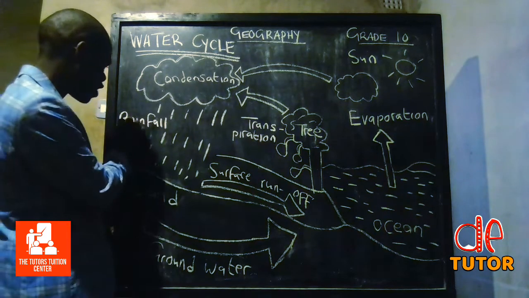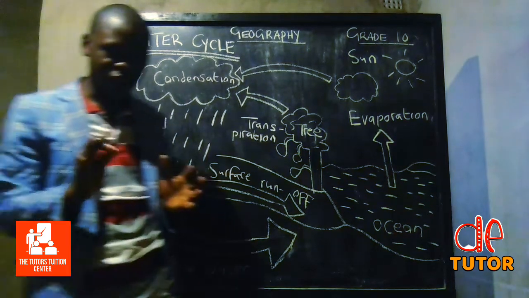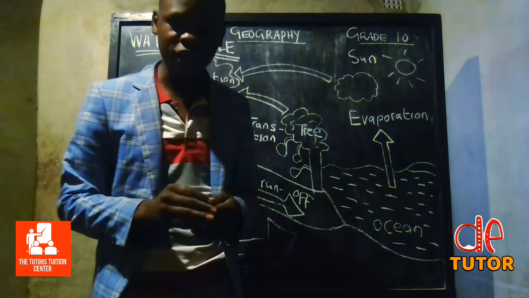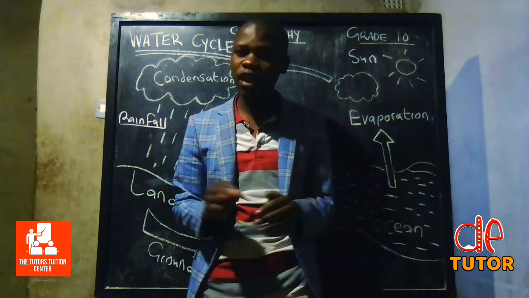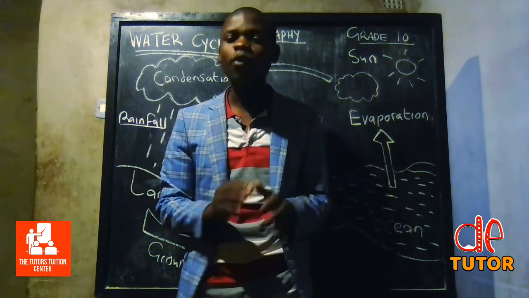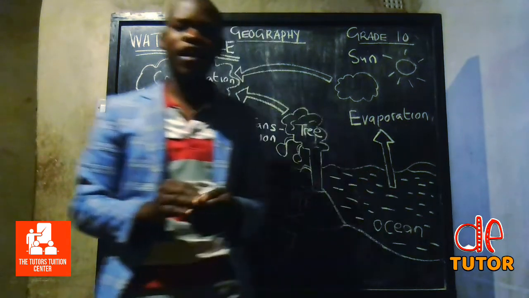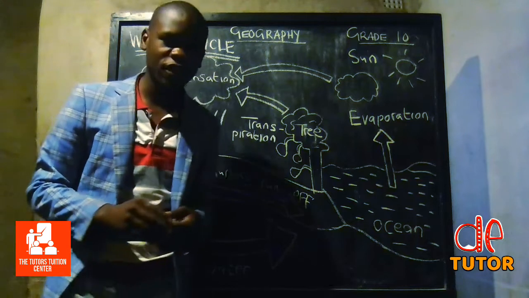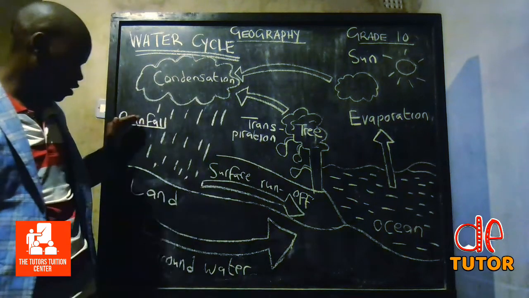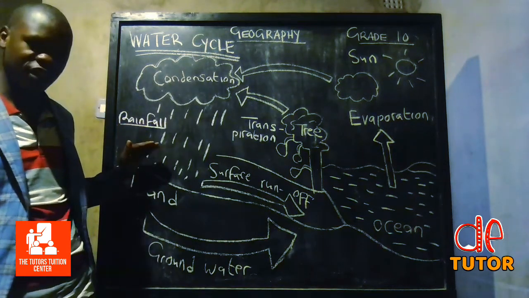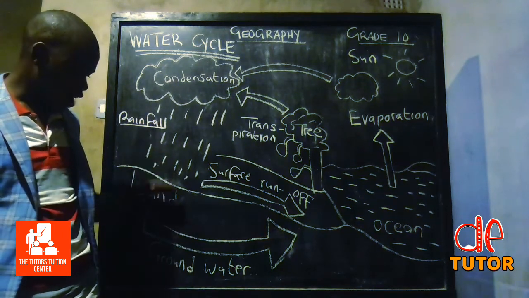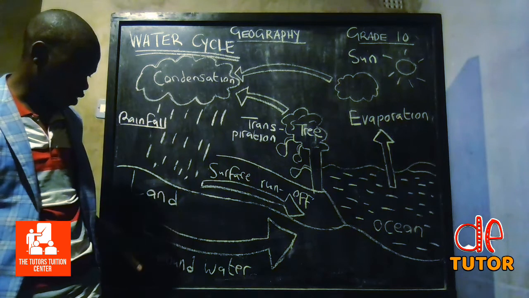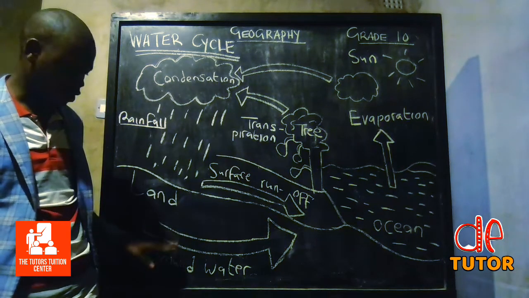Then we come to rainfall. The other name of rainfall is precipitation. Precipitation or rainfall refers to water falling from the sky. When water is falling from the sky, we call that process rainfall. Of the water that falls to the surface of the earth, part of it sinks below the ground.